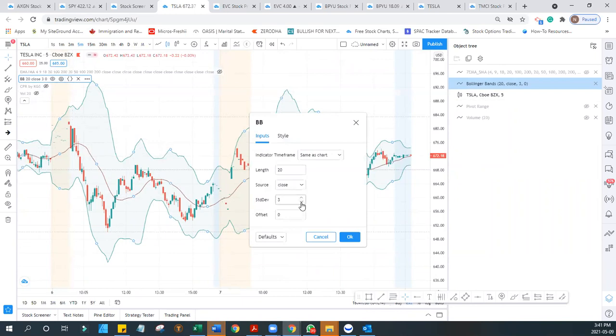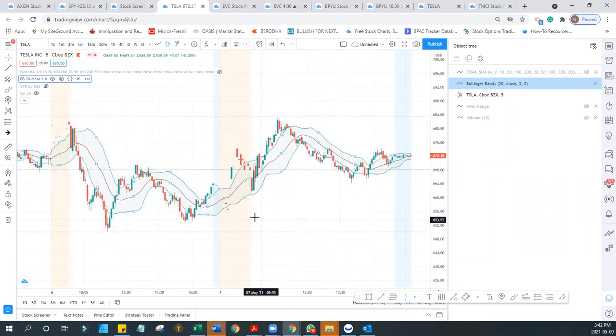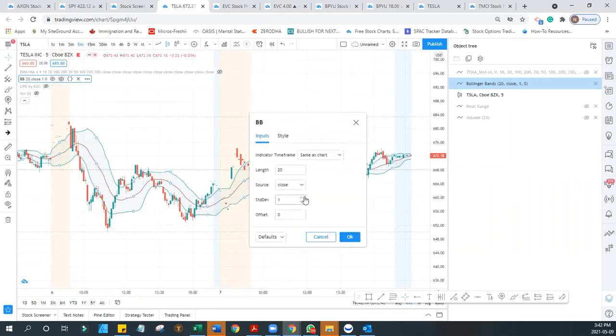And if I make the deviation smaller, the price is always outside the band, so it will give false signals. So most of the time, people don't change anything for the deviation. They just keep it as usual and use the standard formula for the BB.